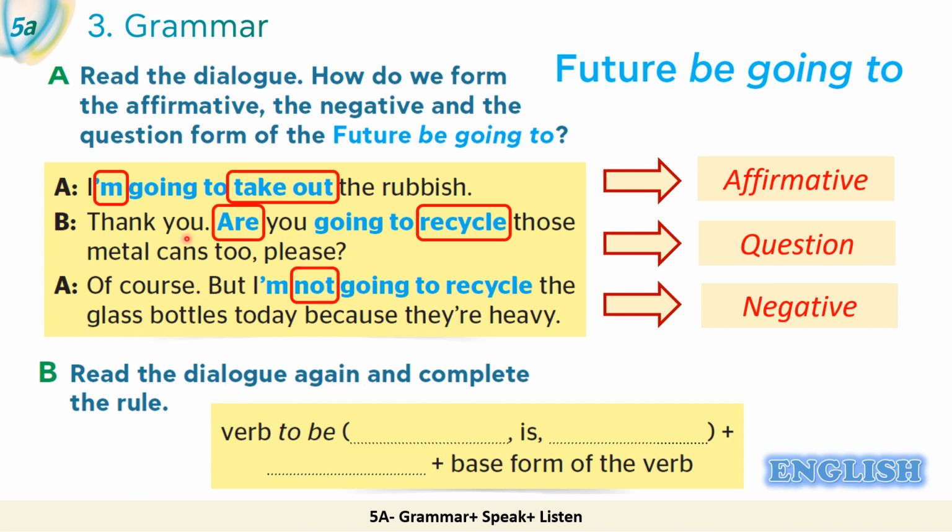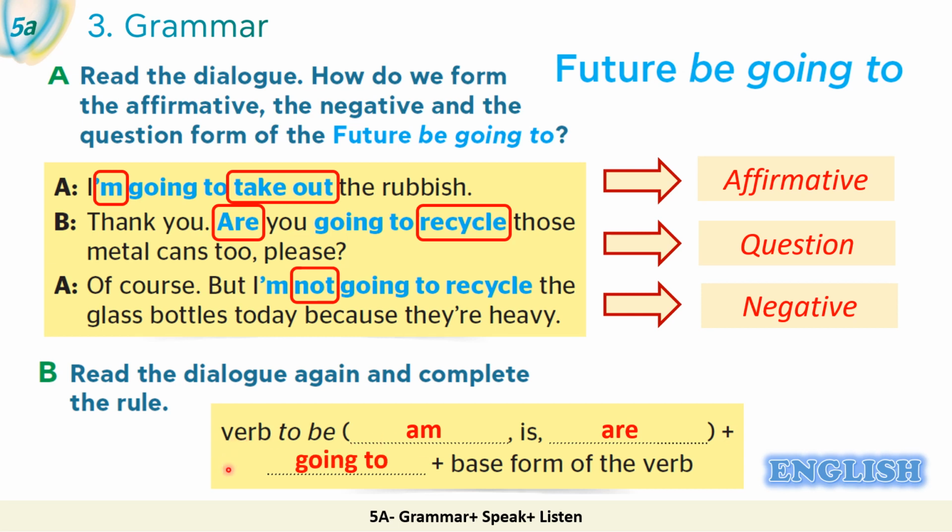Now from the sentences above or the dialogue above, we have verb to be, which is all of us know as is or are. Those are auxiliary verbs, followed by what? That's correct.